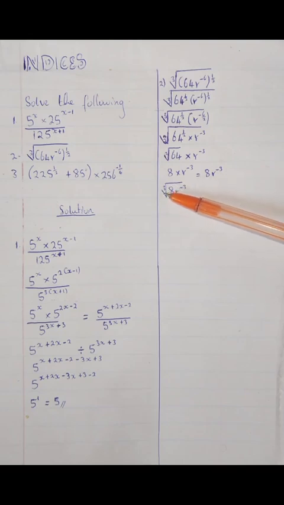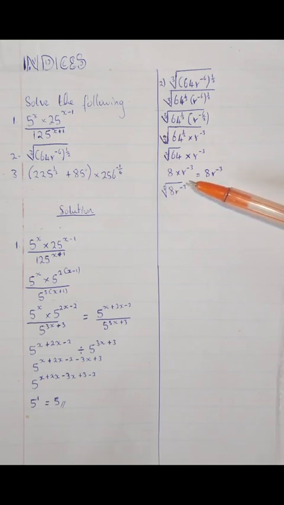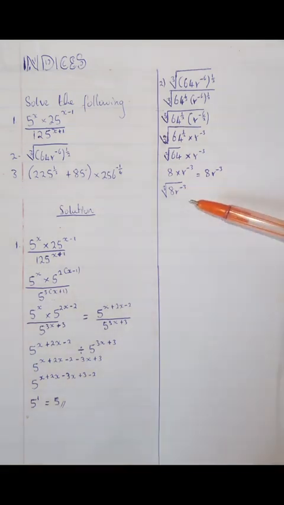If it was square root, it would have been 8r to the power of minus 3 raised to the power of 1 over 2. If it was fourth root, we'd have 8r to the power of minus 3 raised to the power of 1 over 4. But for the fact we are having cube root, it will be 8r to the power of minus 3 raised to the power of 1 over 3.